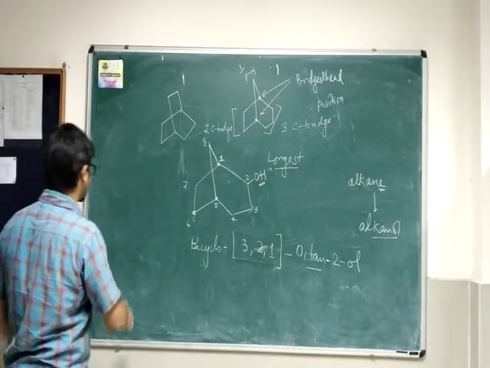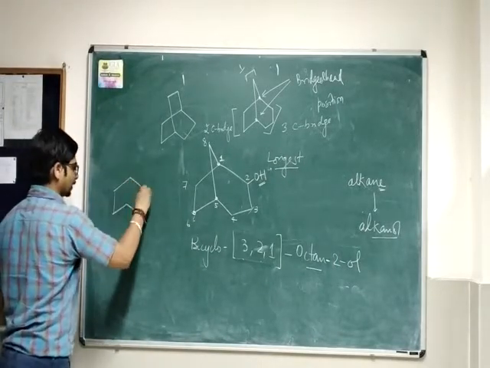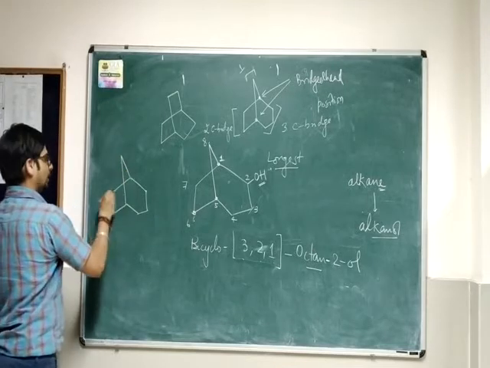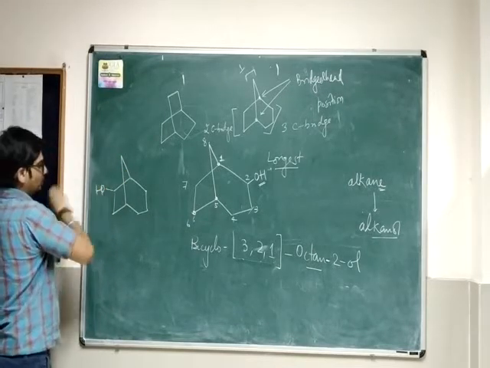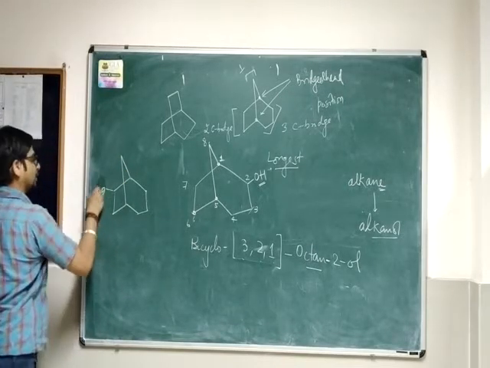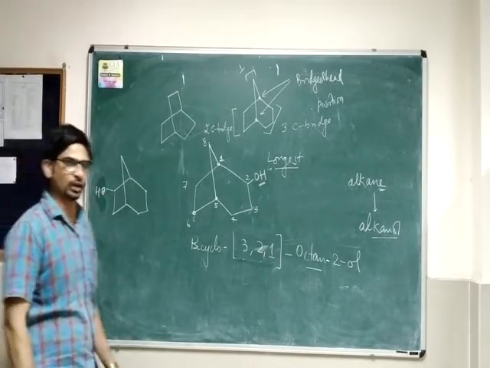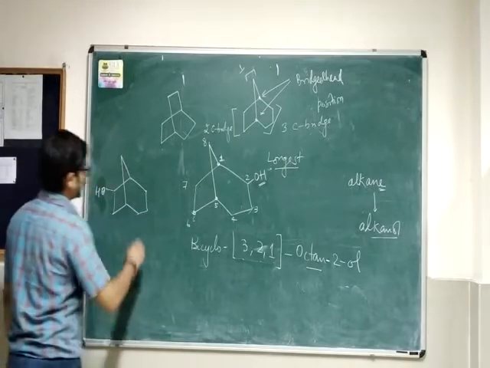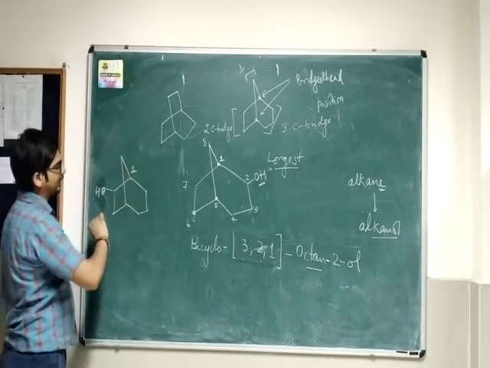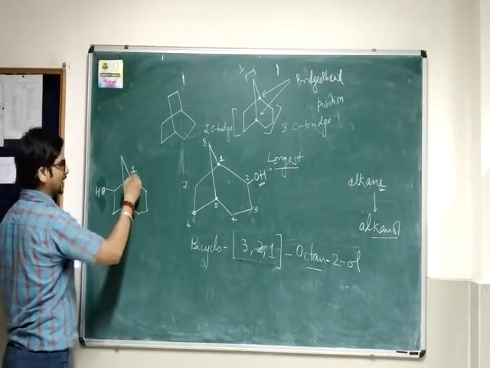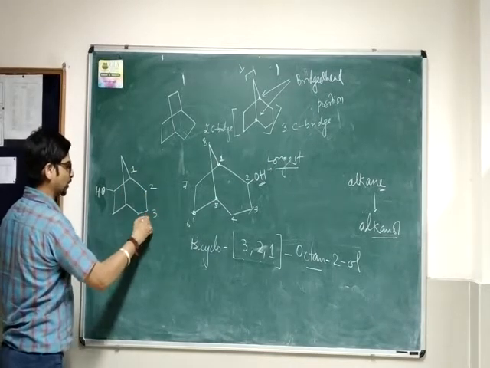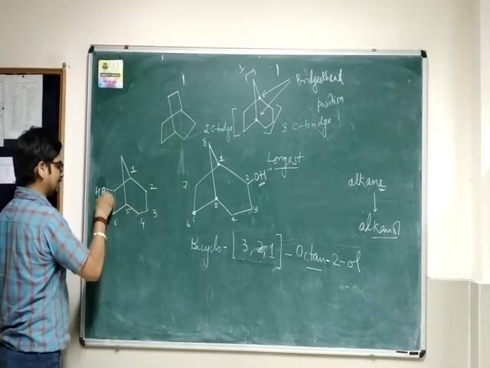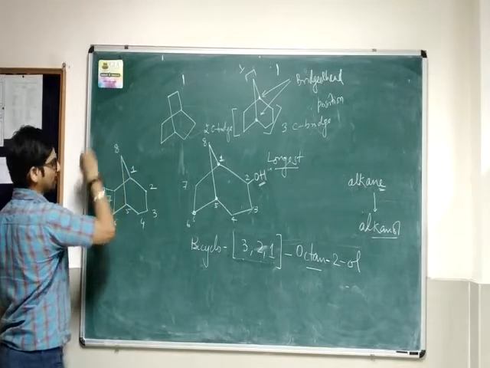Let us take another example. Say, for example, we have the hydroxyl group at this position. Now, as we have already discussed, we will move towards the longest path: 1, 2, 3, 4, 5, 6, 7, and this position becomes 8.